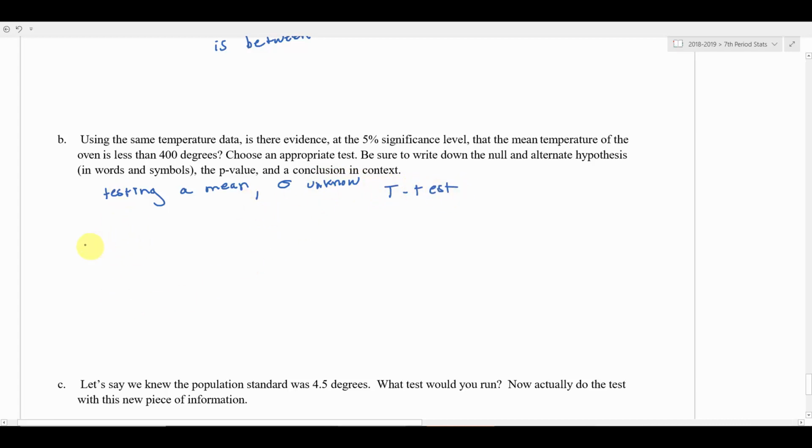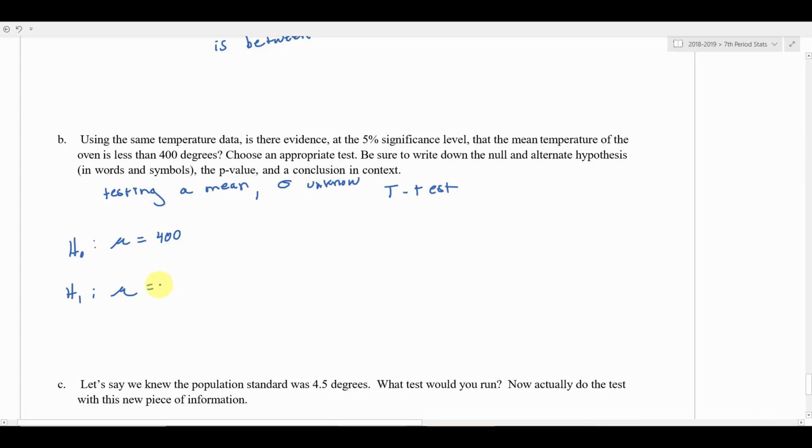So I'll set up my null and my alternate hypothesis. Null, alternate, and our symbols this time are going to be mu since we're estimating a mean. And when you set the oven to 400 degrees, you're assuming that it's going to go to 400 degrees. So our population assumption is going to be 400. We're concerned that it's less than. We looked at our sample data and it's not coming up to 400.